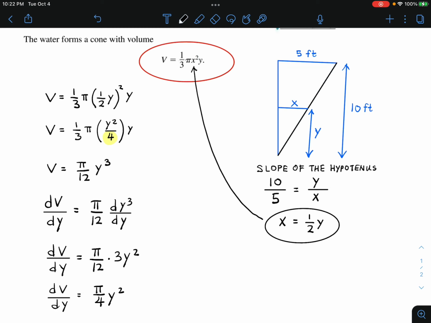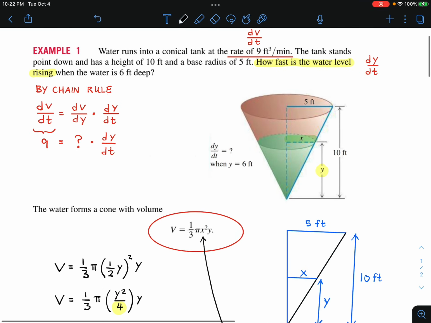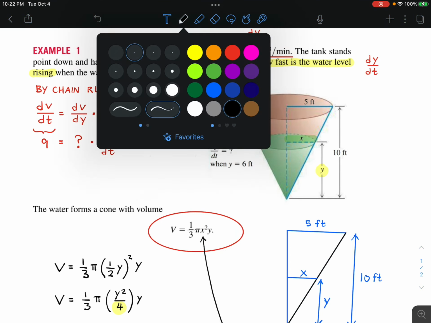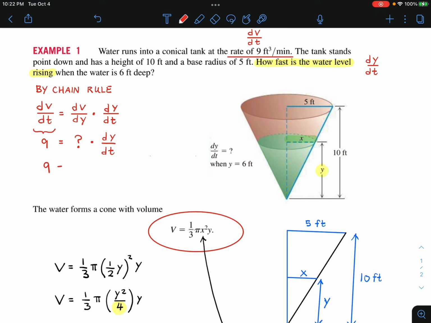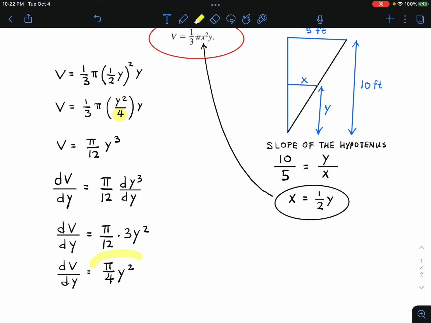So now that we know dV/dy, we can go back to our chain rule and come up with the answer. Remember that we were looking for dy/dt, and the question mark we just came up with. What was this question mark again? The question mark is given by this pi over 4 times y squared.